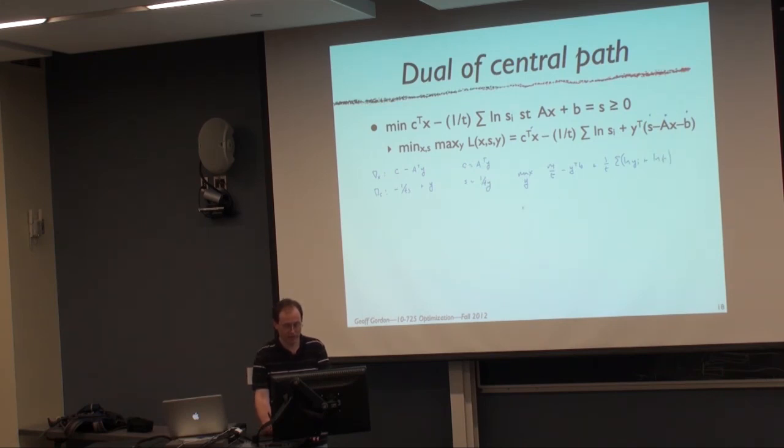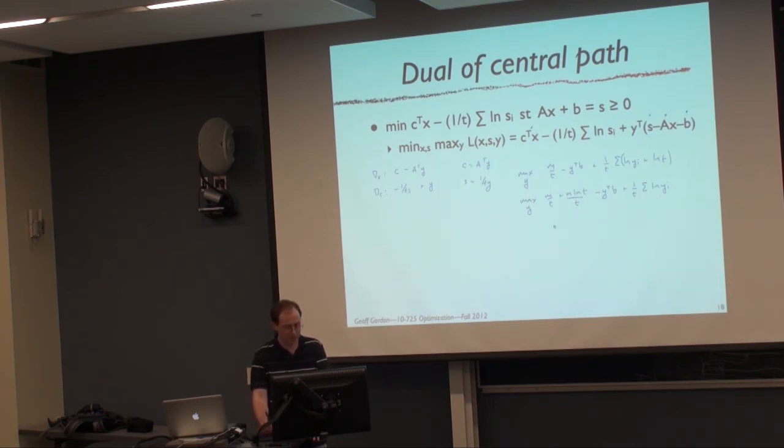And so this I can then write as max over y of m over t plus m log t over t minus y transpose b plus 1 over t sum of the log of y_i, right?